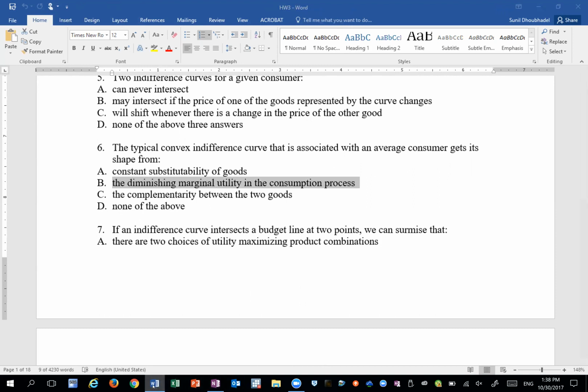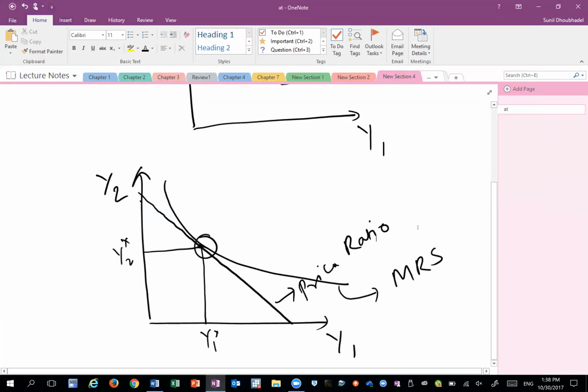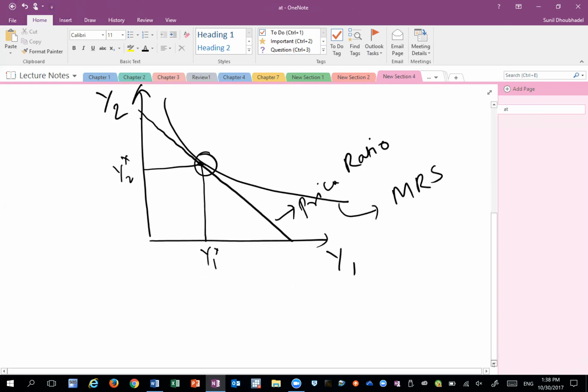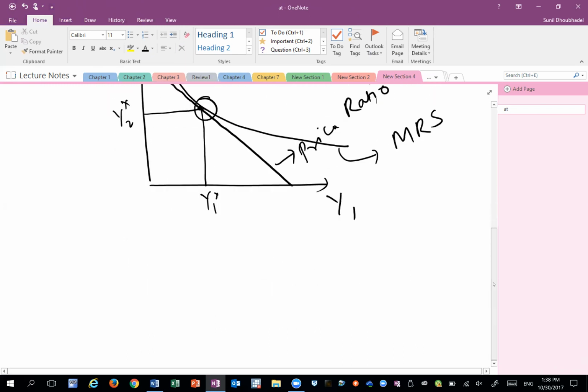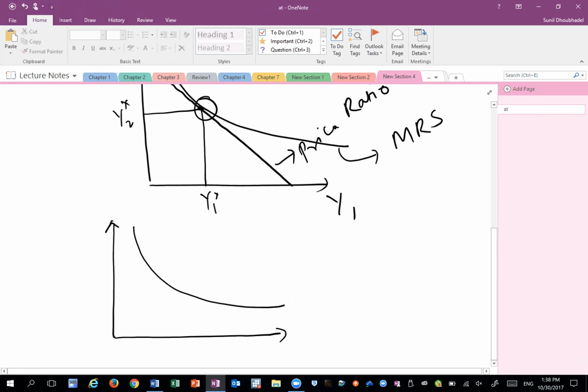Why is that? Again, if you look at this kind of convex indifference curve, what is happening is your marginal rate of substitution is decreasing, because as you consume more of one good, diminishing marginal utility starts to kick in.